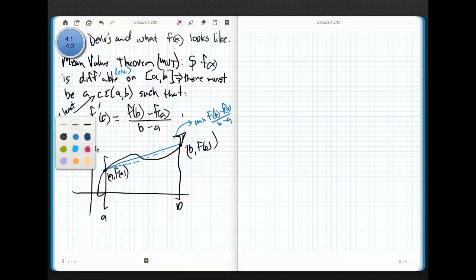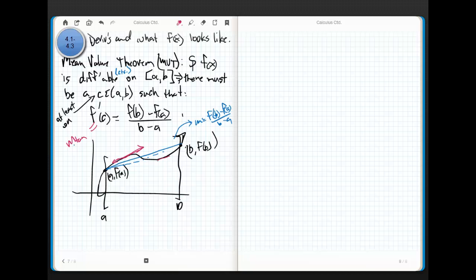What it really says is that at least one point, some c, f prime of c. Well, what is f prime of anything? Remember, this is the slope of tangent lines. In other words, there must be at least one tangent line that has the exact same slope.